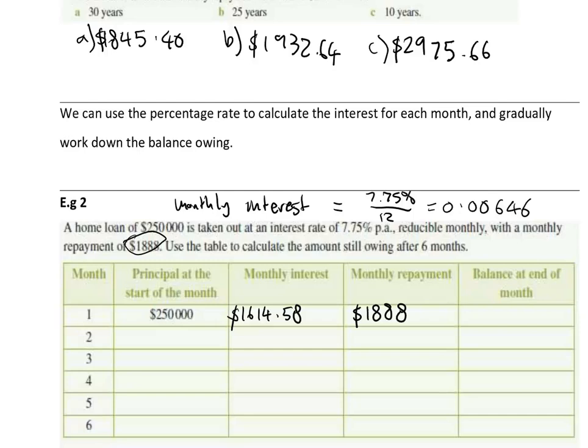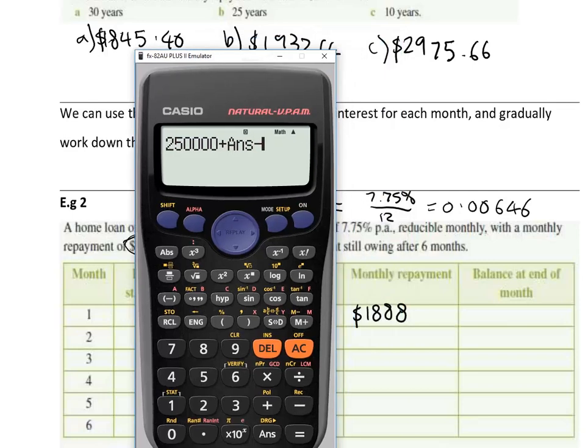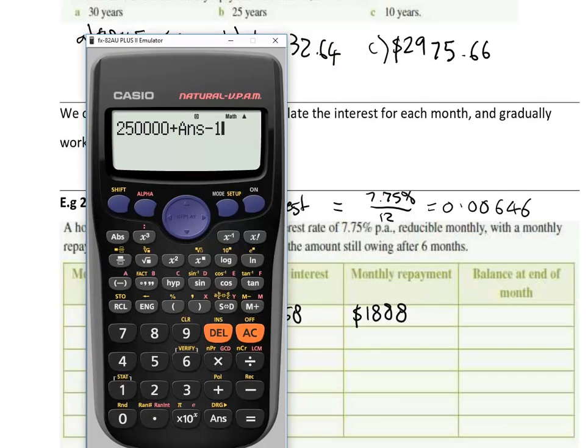So to find out the balance at the end of the month, we have our value that we start with, 250,000, add on our interest that we calculated, and then take away our monthly repayment, and we're left with our balance at the end of the month.